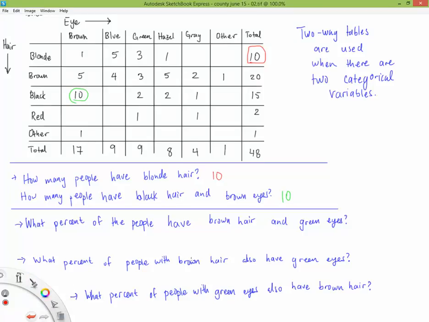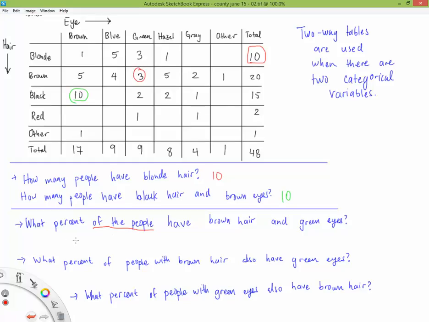Yeah, so we'll use the calculator in a moment here, but I just want to make sure we're okay so far. Okay? So here it says, what percentage of the people have brown hair and green eyes? Okay, so the key here is of the people. Of the people means we're looking at a total of 48 people. How many have brown hair and green eyes? 3, okay?